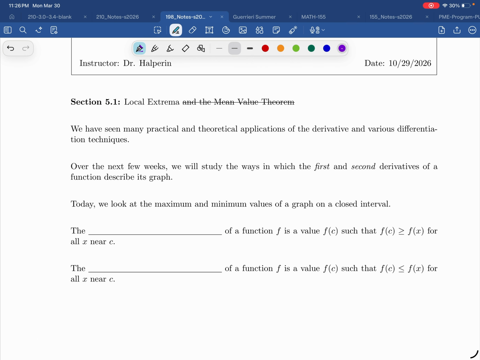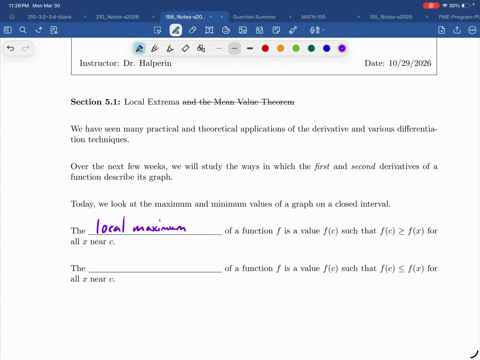Now, one of the first things we're going to learn about is a fundamental concept in mathematics, maxima and minima. The local maximum of a function is the largest value within some neighborhood of x, right?